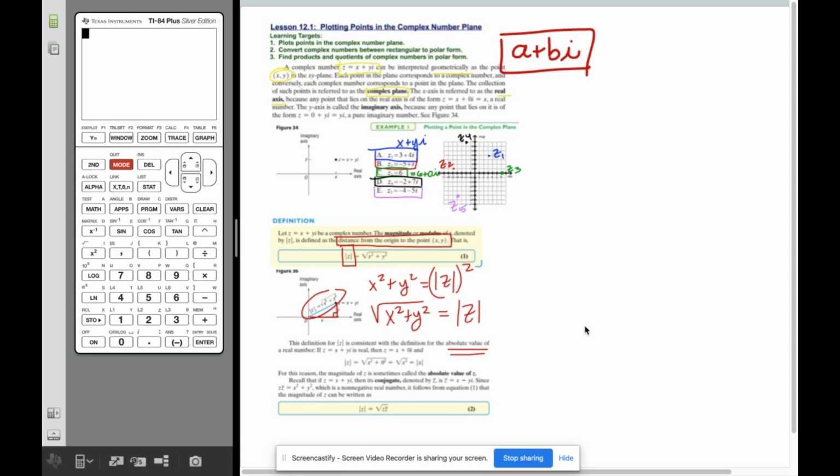If you have a complex number, its conjugate, which we denote as z with a bar on top of it, is the conjugate of z. If you multiply a number and its conjugate together, you would end up with this.